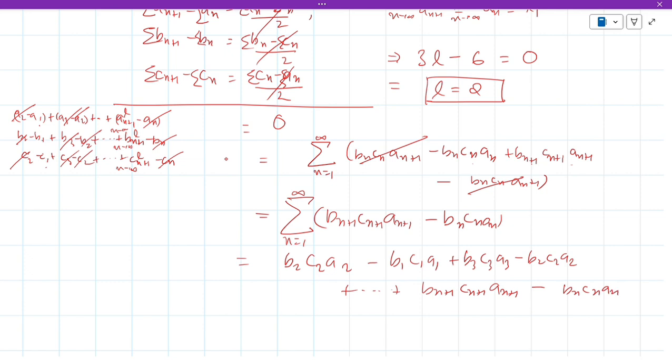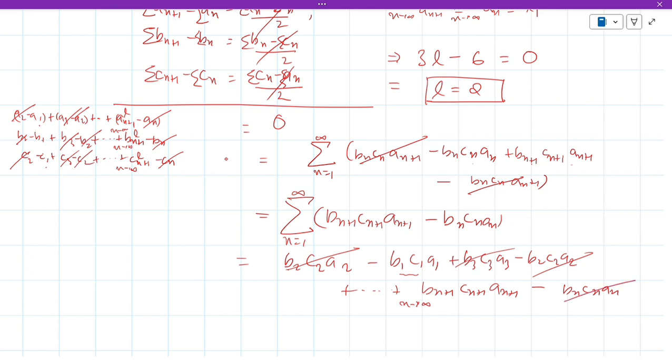This is a telescopic form. Now b2 c2 a2 cancels, b3 c3 a3 also cancels. So the second term in the first cancels successively, and we are left with the last first term and the first term.